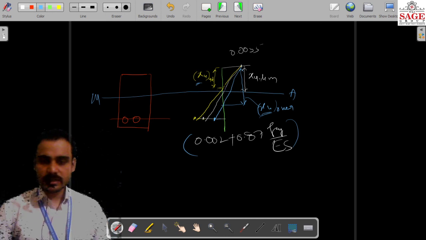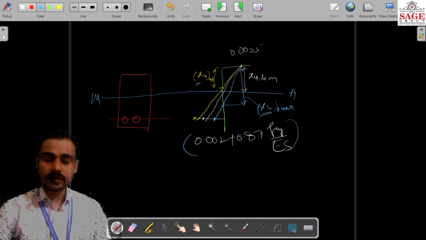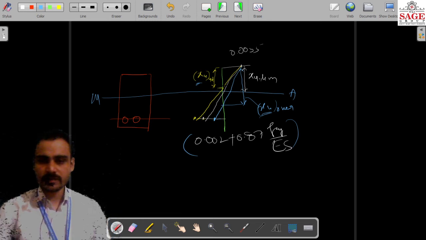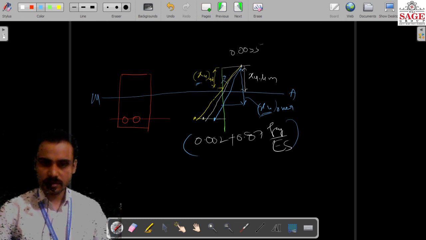Here we can also check how the deflection or deformation varies in various types of sections. If we talk about the balanced section, that will be the rotation. If we talk about the under reinforced section, that will be the rotation.